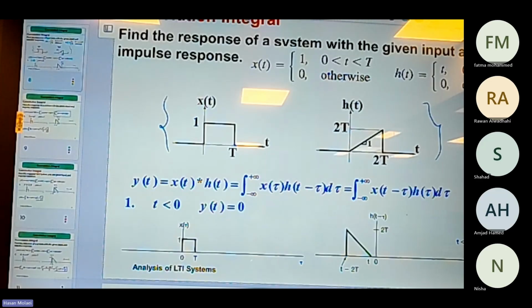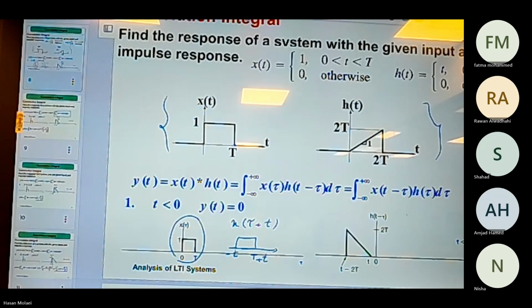That's h(t). At first, I need to do h(t) plus. Yes, it will go left, or right, I don't know. I just know here would be t plus T minus T, here would be minus.